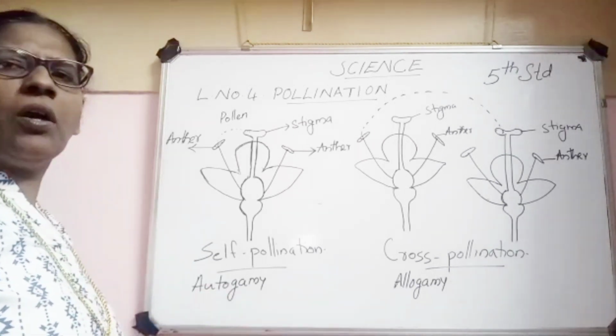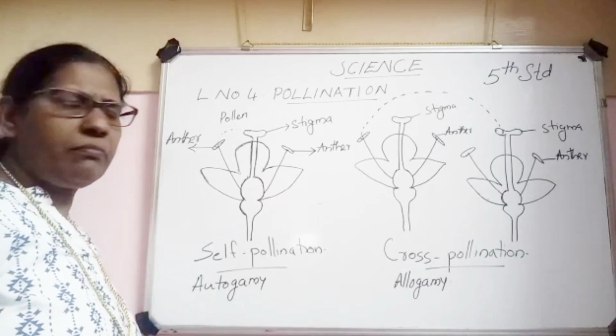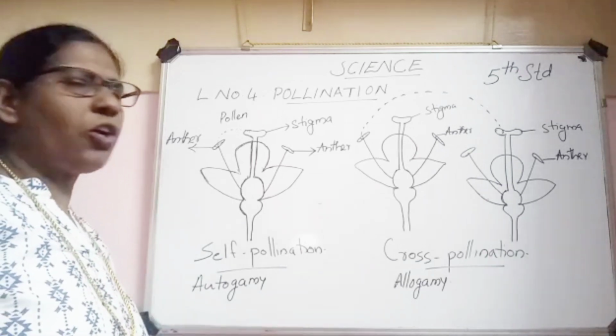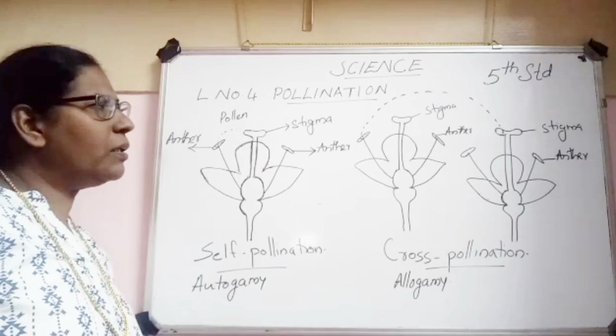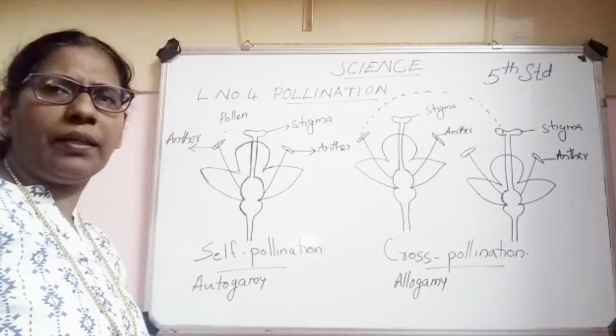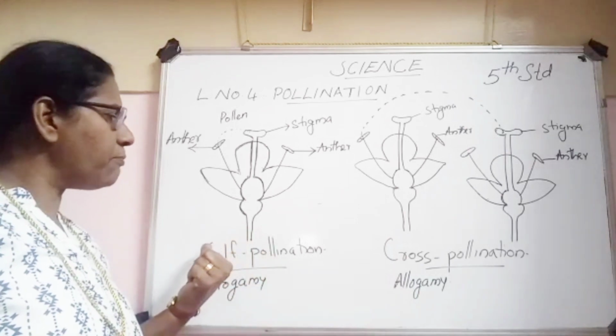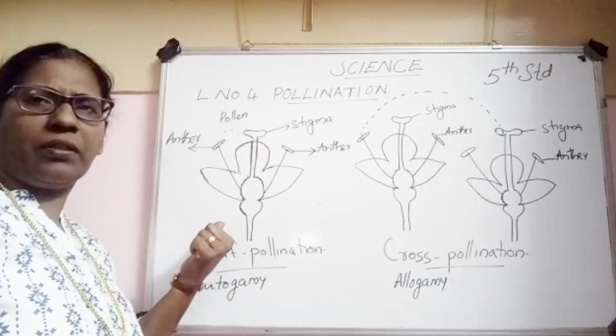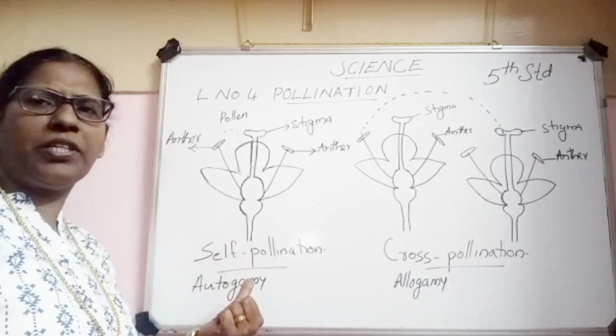Otherwise, it is called autogamy. The second one is cross-pollination. In cross-pollination, you can see two flowers, whereas in self-pollination, only one flower.